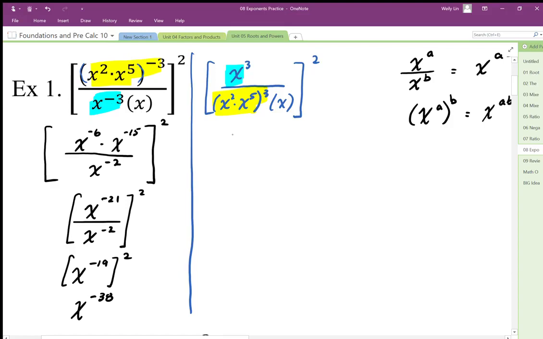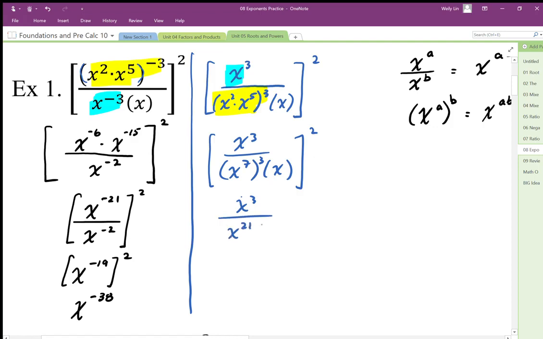And then I can just count it up. So I have x cubed, x to the power 7 to the power 3, and then an extra x here, all squared: x cubed, x to the 21 times x.